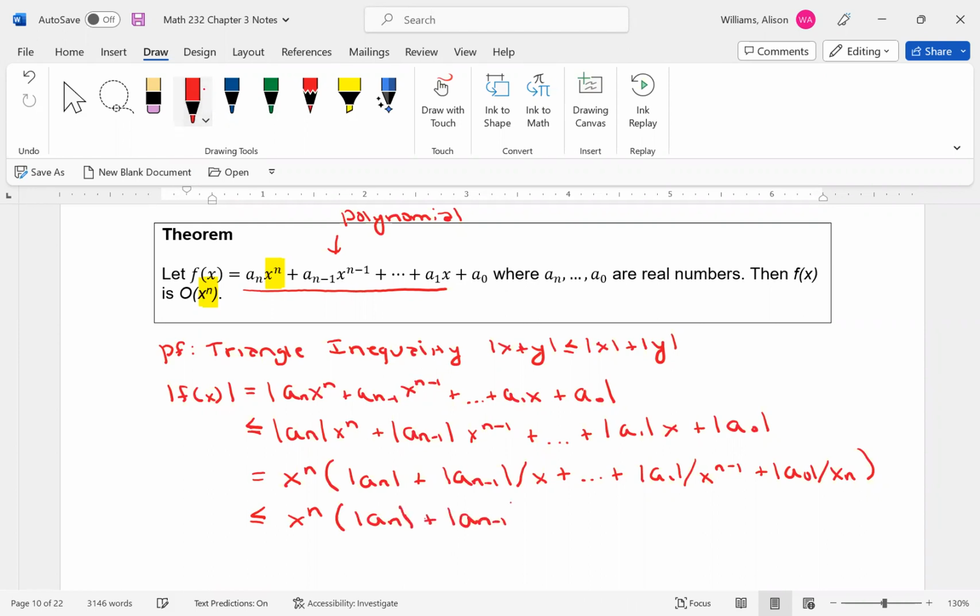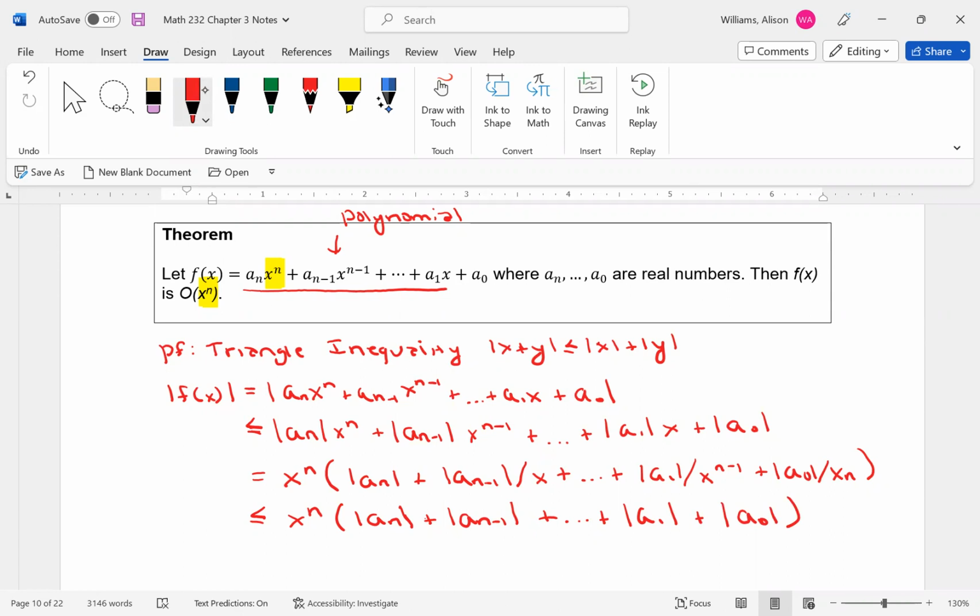Because if I'm dividing by a positive number, if I get rid of those fractions, oops, there should have been dot, dot, dot there. Dot, dot, dot, plus absolute value of a sub 1 plus absolute value of a sub 0. Okay, there we go. So dropping the fractions actually means I'm working with an even bigger number.